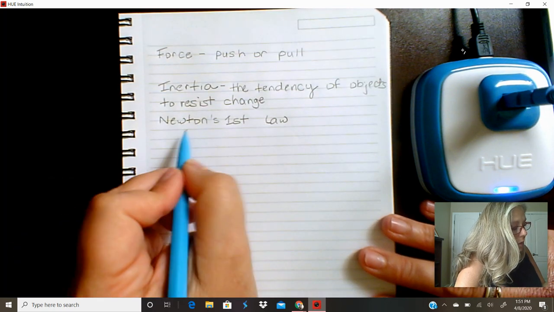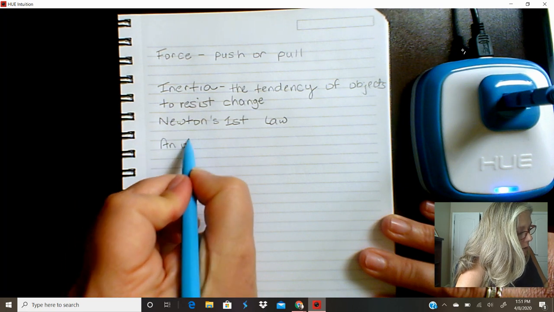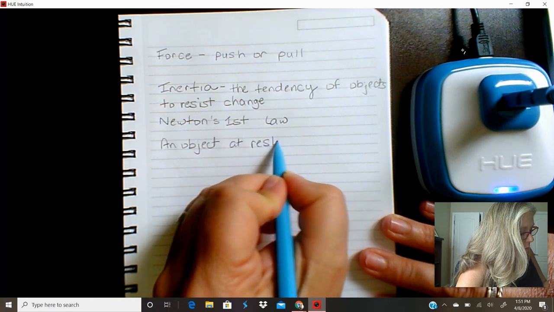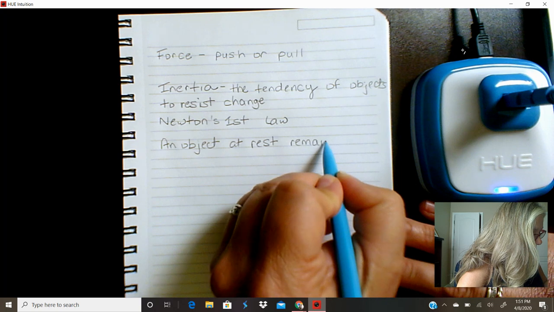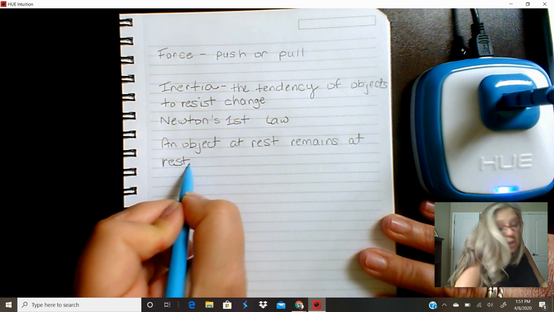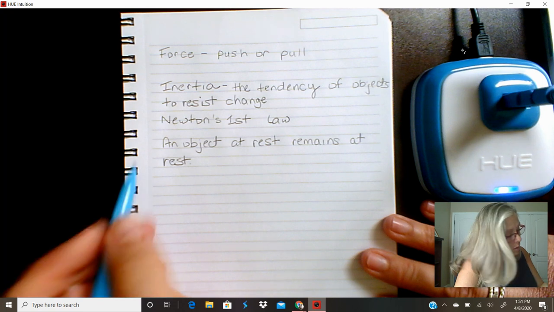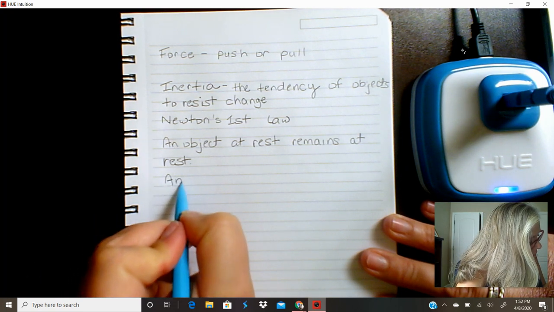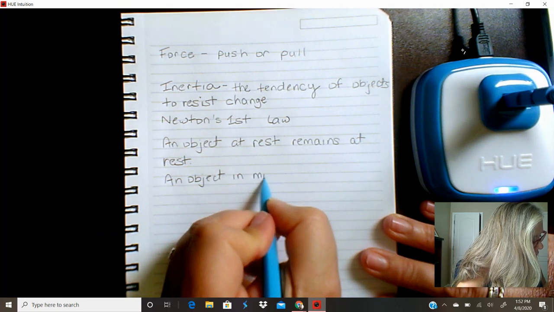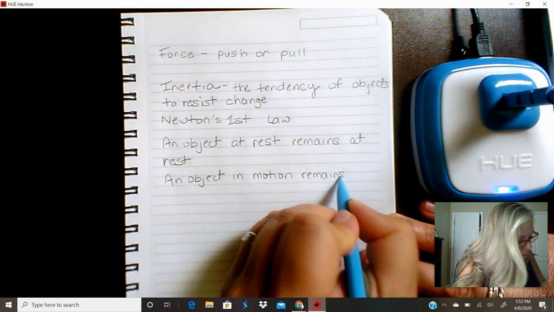So the way Newton created the law, it's worded something like this: an object at rest remains at rest. At rest means just not moving, and remain means to stay and keep doing what you're doing. And then the other one, an object in motion remains in motion.